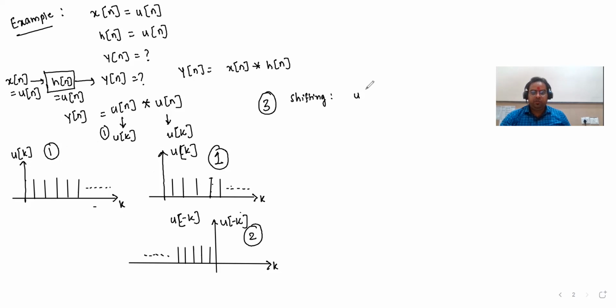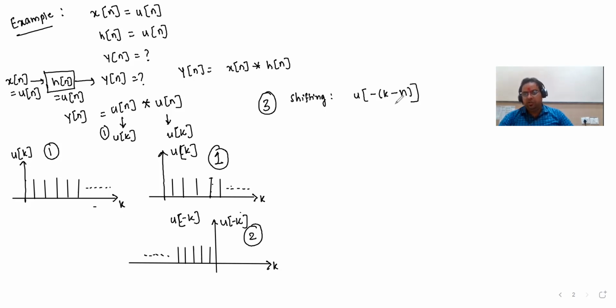And how do we do the shifting? So we have this u of minus k here. We essentially delay this particular time reverse signal by n units. And as we had discussed in the last class, we are delaying it by some time units.